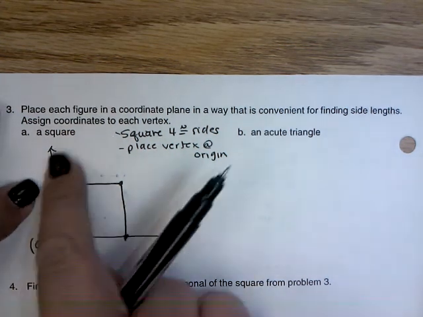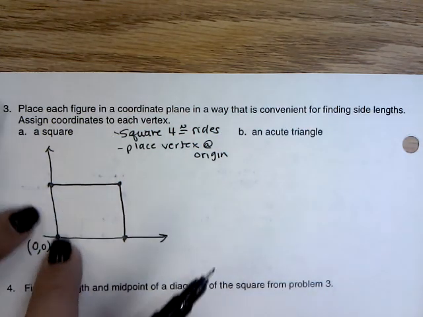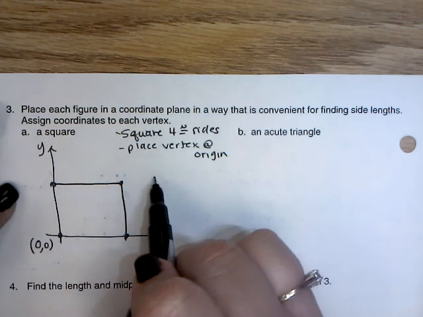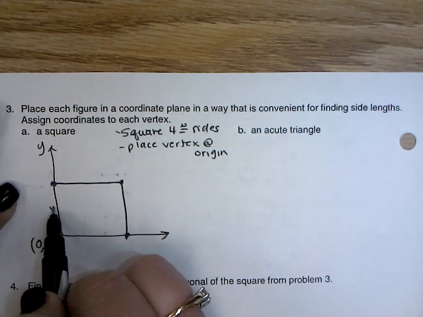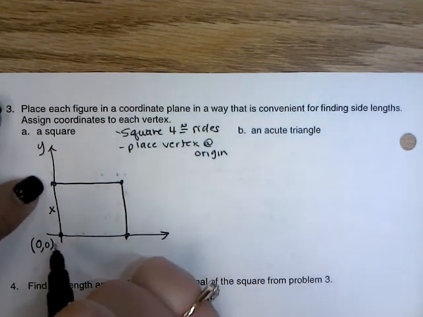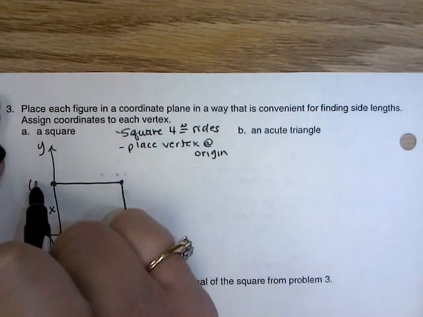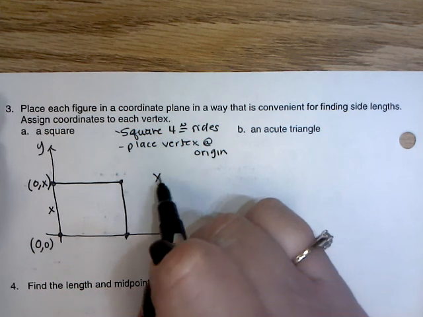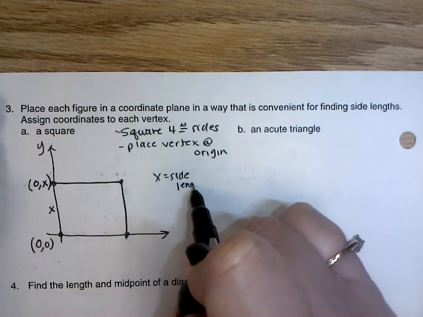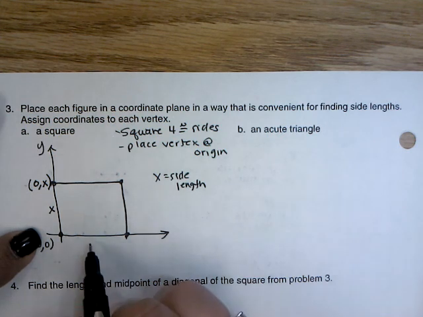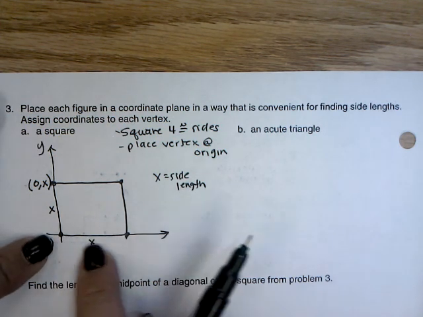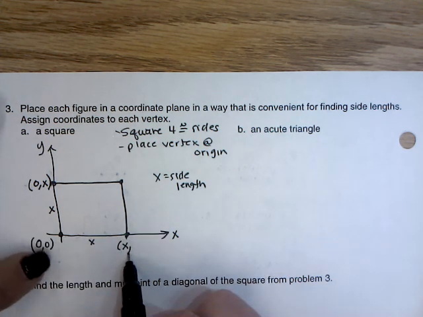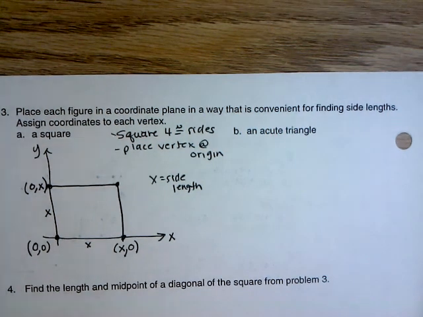So now if I'm trying to assign coordinates, first of all, looking here at my y-axis, if x is my side length, then that is how far I went up that axis. And we know with a square that they're all the same. So here, on my x-axis, however far I've gone is the side length, and I'm at 0 because I'm not going up or down.